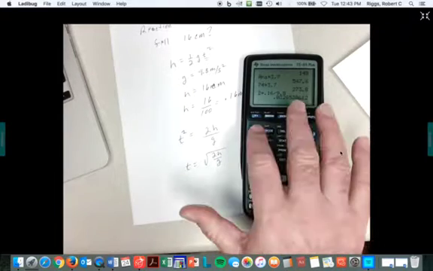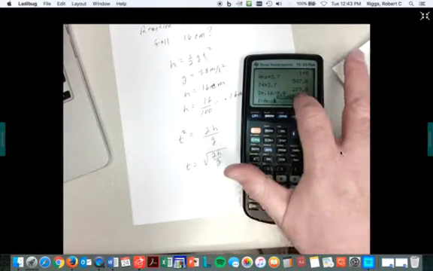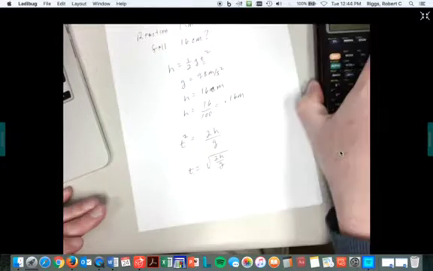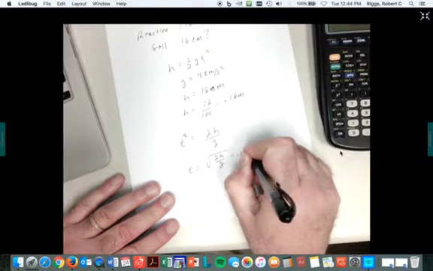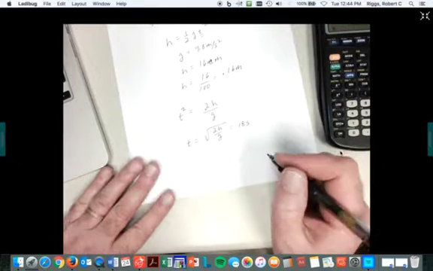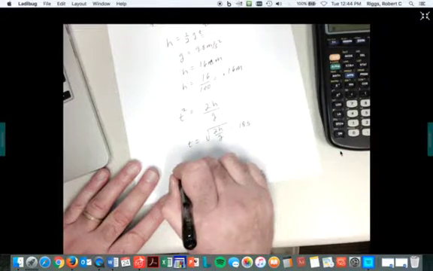All right, so on my calculator, let's go second square root, second answer. It'll take that answer and stick it in there and hit enter, 0.18 seconds. So again, here's how I would calculate t on a calculator.